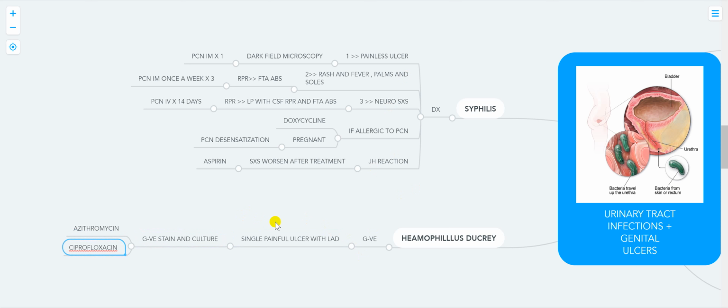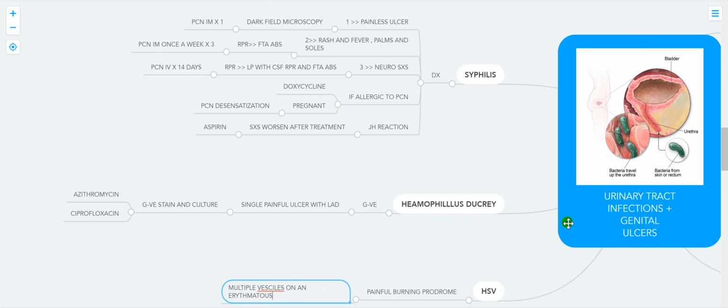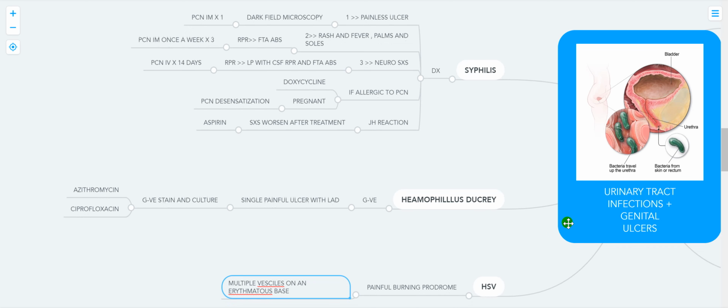Take care of that. How about herpes, HSV, herpes simplex? It's a virus that hides in the dorsal root ganglion, usually with a painful, burning prodrome, and then you develop multiple vesicles on an erythematous base.